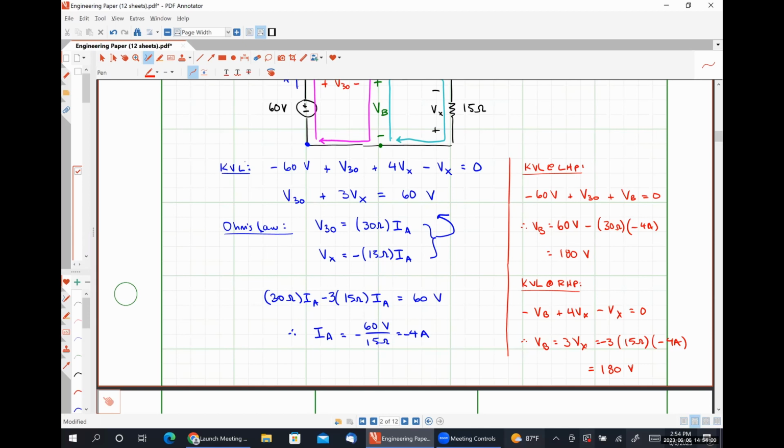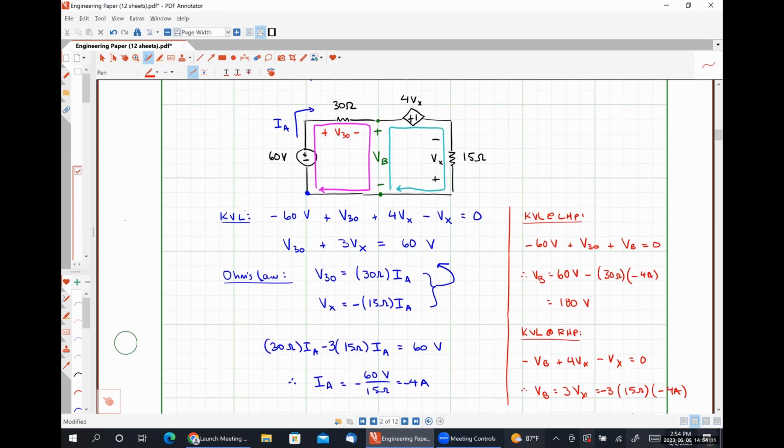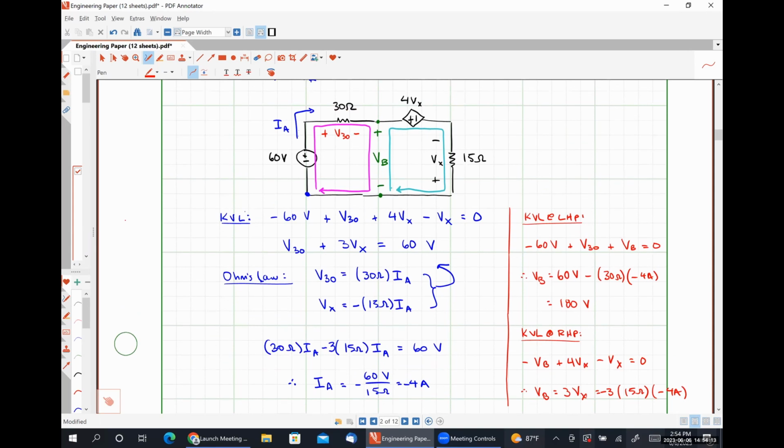So sometimes students are a bit incredulous about being able to write a KVL equation using the voltage drop across effectively nothing, because there's no component connecting this node and this node that we're taking the voltage drop across.